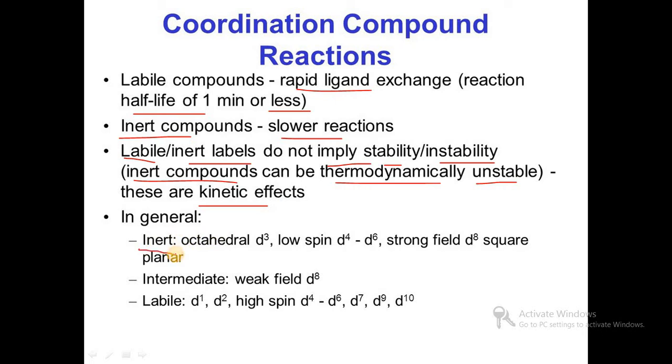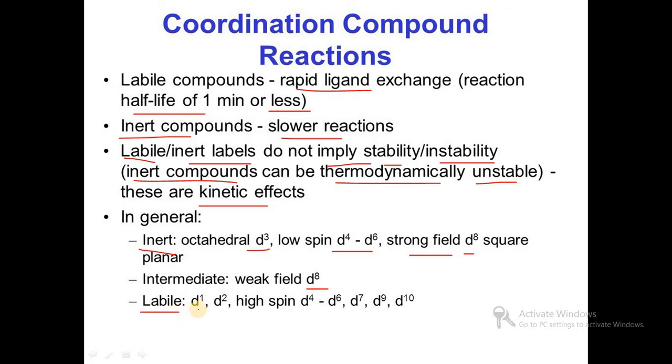In general, among inert complexes, the d3 octahedral complex is inert, then d4 to d6 all low spin complexes are inert, and strong field d8 case, that is square planar complexes, are inert. Intermediate complexes are weak field d8 case.